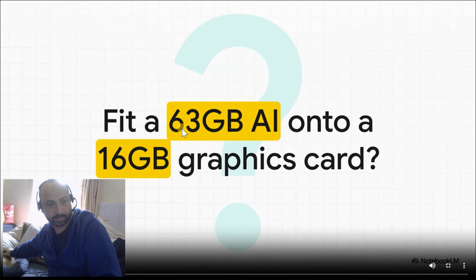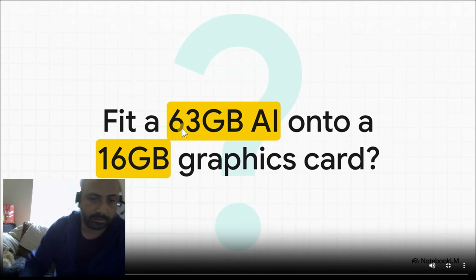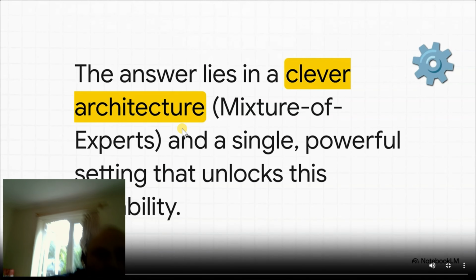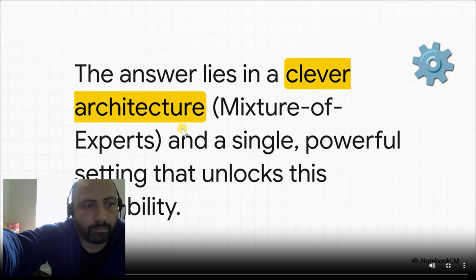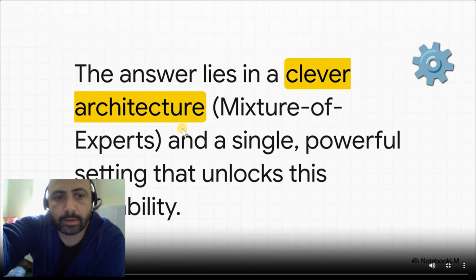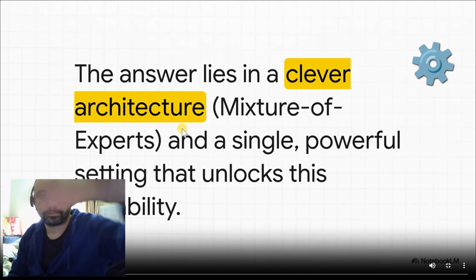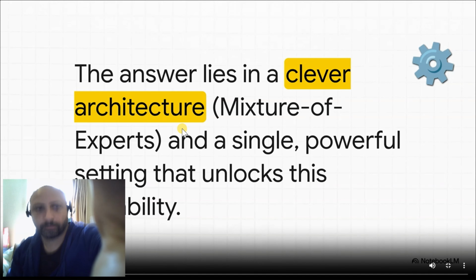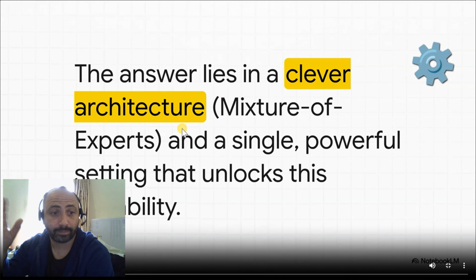Maybe even less. I mean, that seems completely impossible, doesn't it? How on earth can you cram all of that data into a space that's almost 4 times too small? Well, the solution is actually pretty clever. It's not about forcing it or using some kind of supercomputer. It's about this really elegant combination of two things. First, how the AI is actually built, and second, one single, almost hidden setting that just unlocks the whole thing.